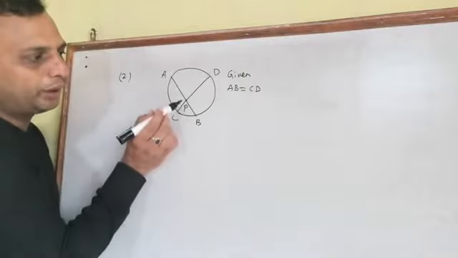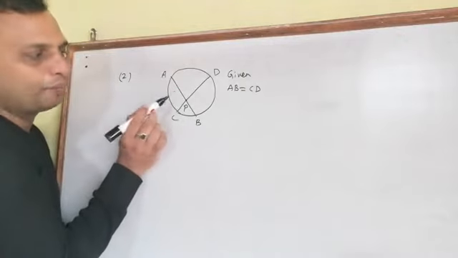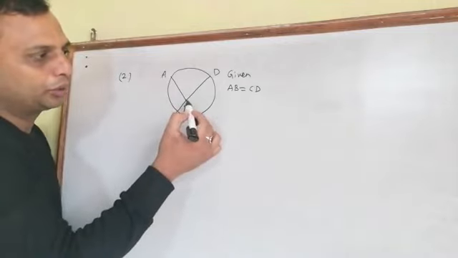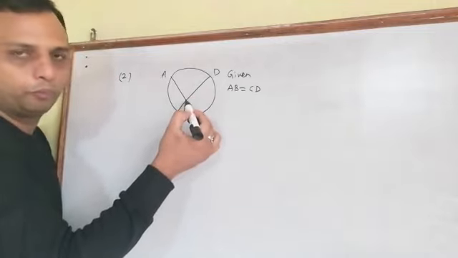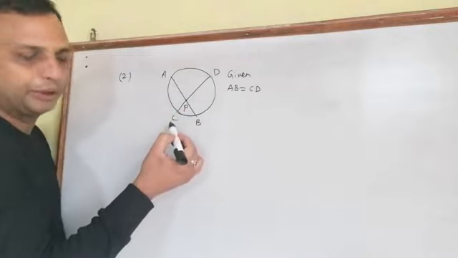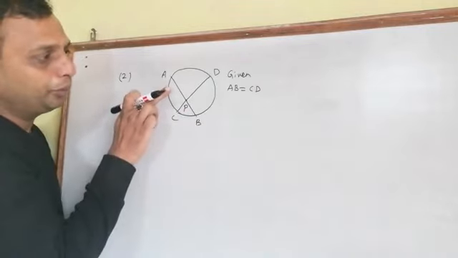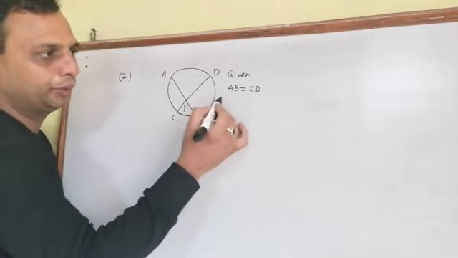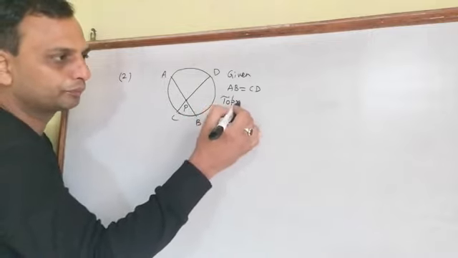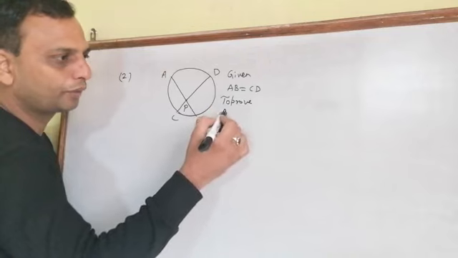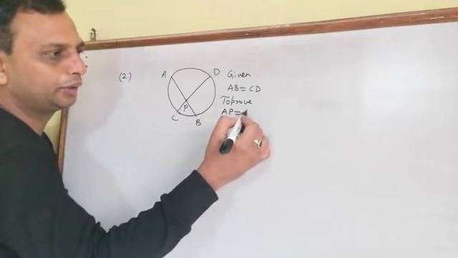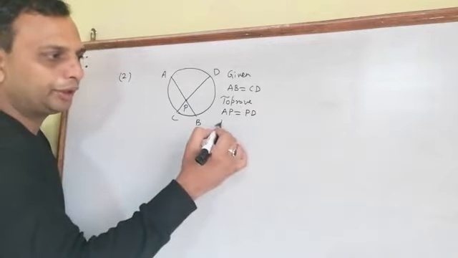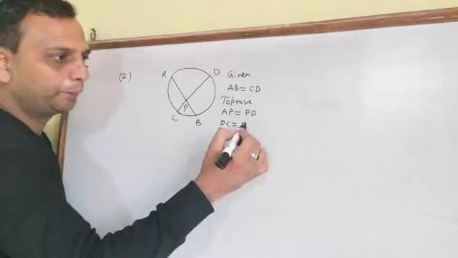So AB is one chord, divided into two parts at which point? P. So AP is one part, PB is one part, and CD is one chord. So DP is one part of the chord, and PC is the other part. So we have to prove that AP is equal to PD and PC is equal to PB.